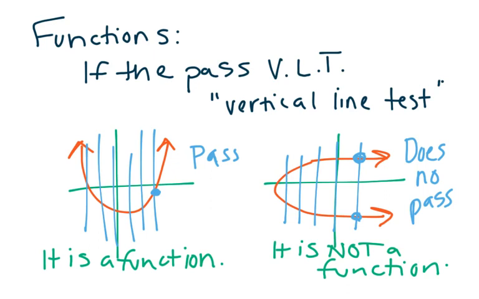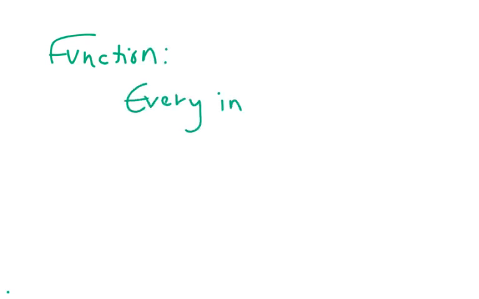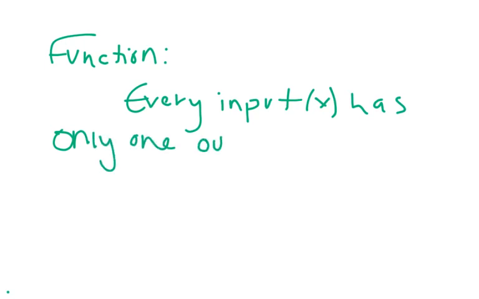So the idea is that if you have a function, every input, meaning your x's, has only one output, meaning your y value.